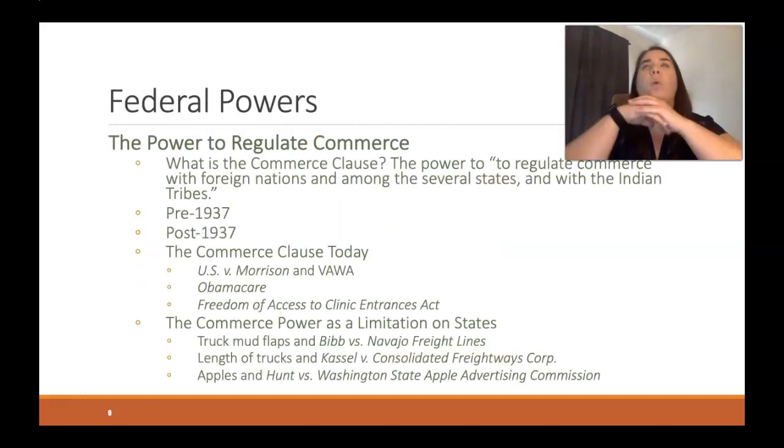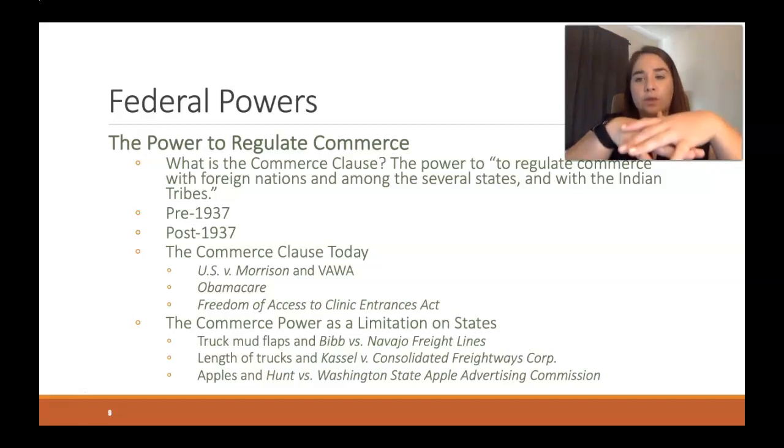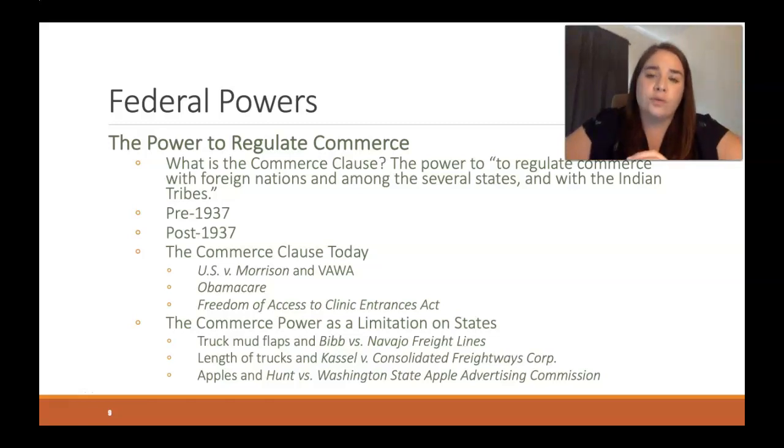Now, one of the biggest changes that we saw in the last century had to do with the Commerce Clause and the federal government's use of the Commerce Clause. The Commerce Clause gives the federal government the power to regulate commerce with foreign nations and among the several states, and that's the key sentence there, and with the Indian tribes.